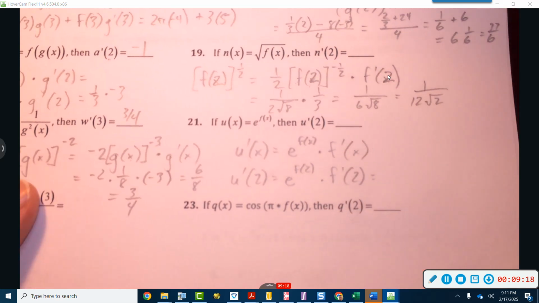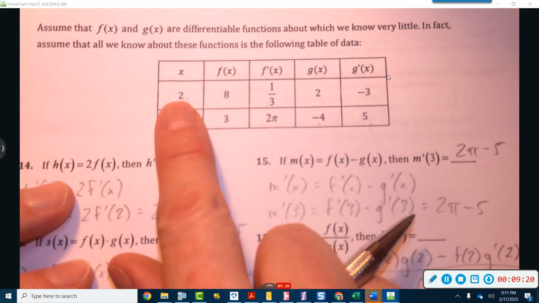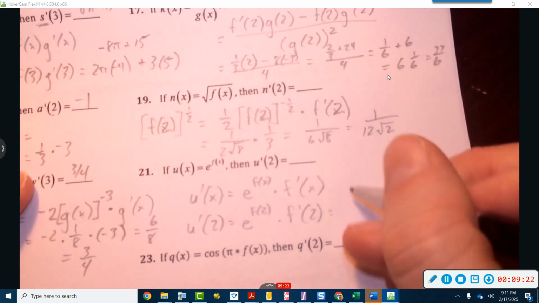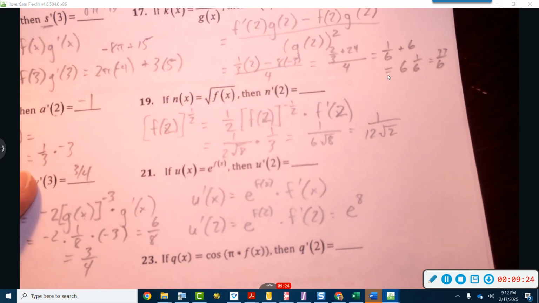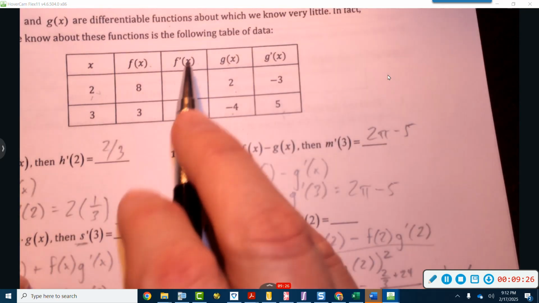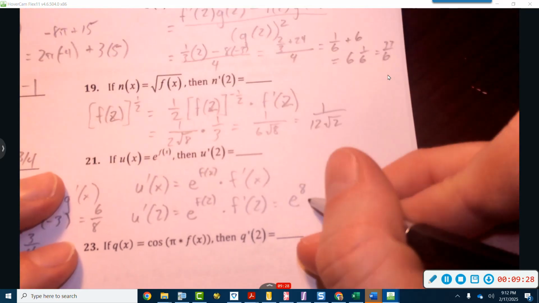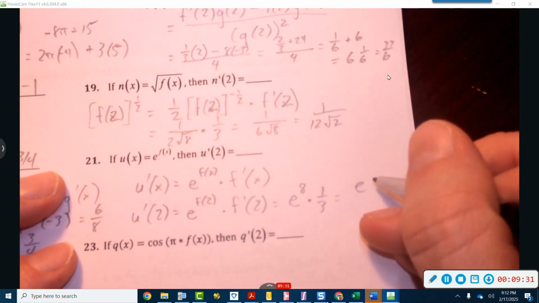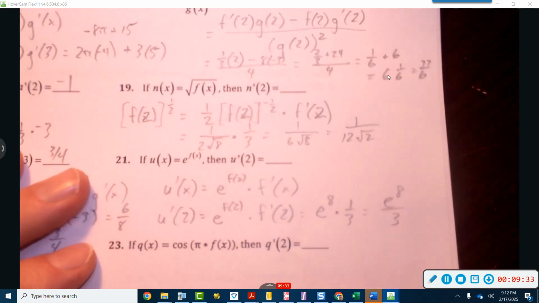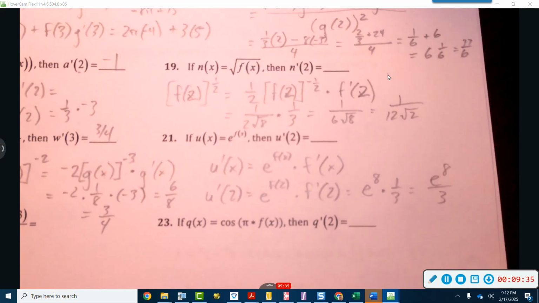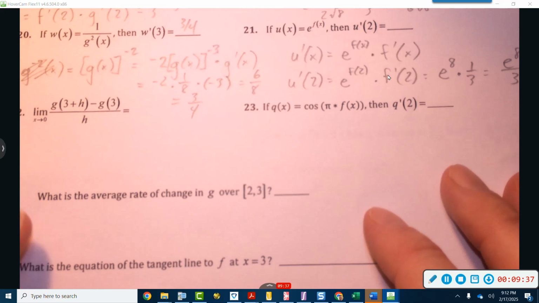What is f of 2? F of 2 is 8, so we've got e to the 8th, and then the derivative there is 1/3. So it looks like we got e to the 8 over 3. Nobody said these numbers had to be pretty or nice. They just are what they are.